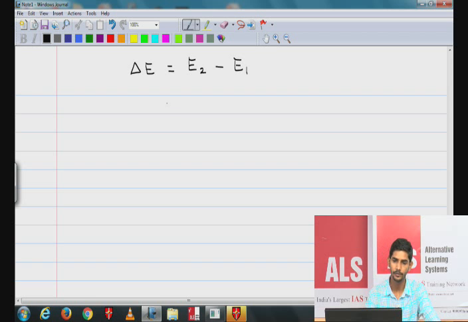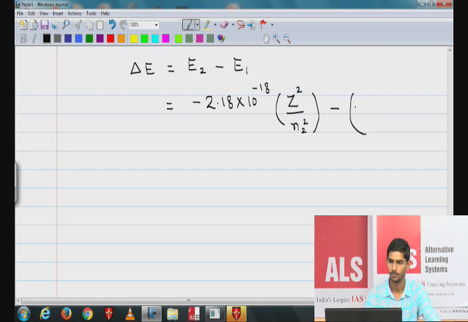And we know that E2 can be written as minus 2.18 into 10 to the power minus 18 Z square upon N2 square, minus 2.18 into 10 to the power minus 18 Z square upon N1 square.